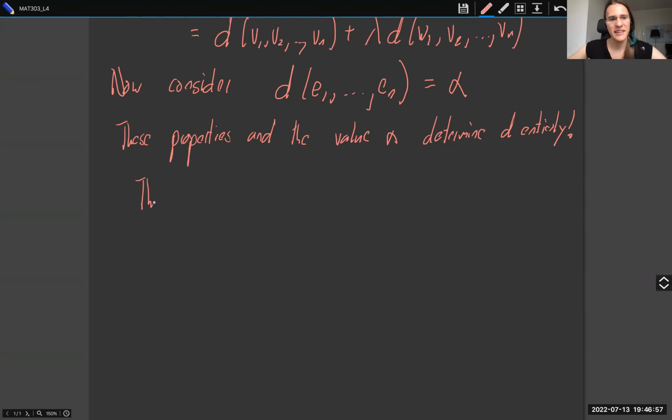Then d of v1 through vn is equal to alpha times the determinant of v1 through to vn, where this is known as the determinant.